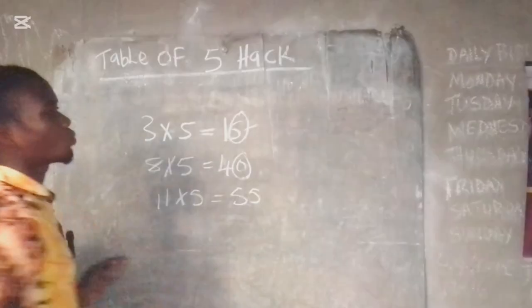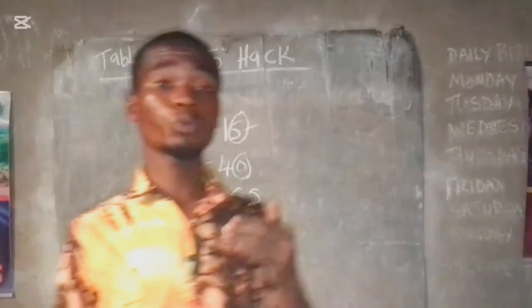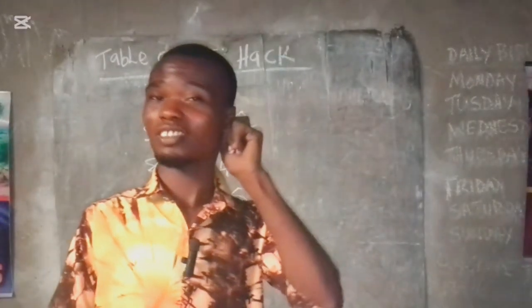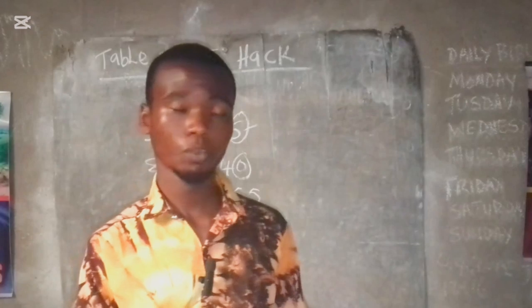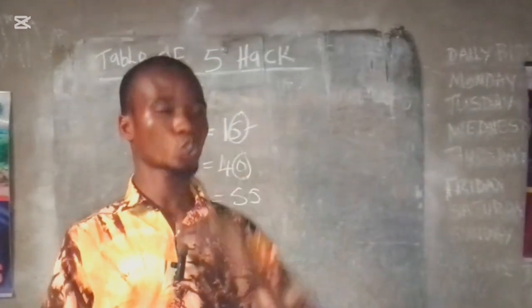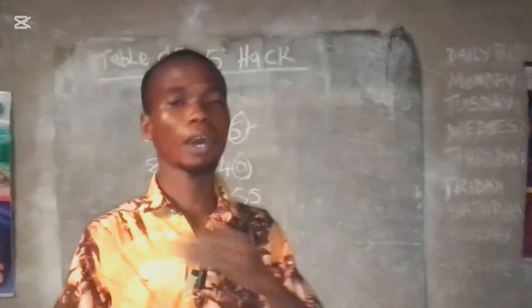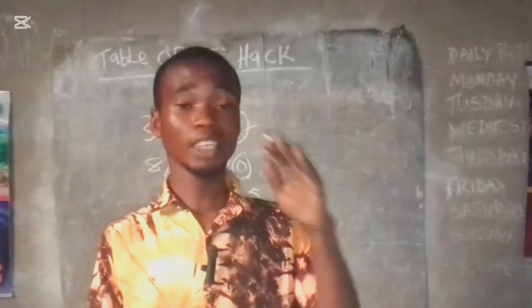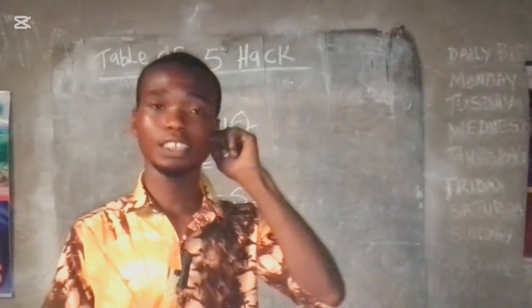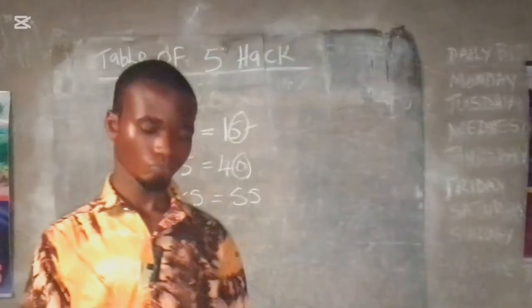You see, the answer ends in 5. So the answer will always end in 0 or 5, whether it's a bigger number or a smaller number. That is rule number 1.